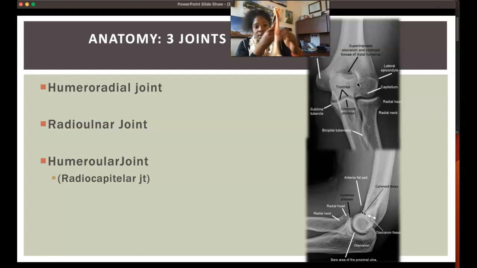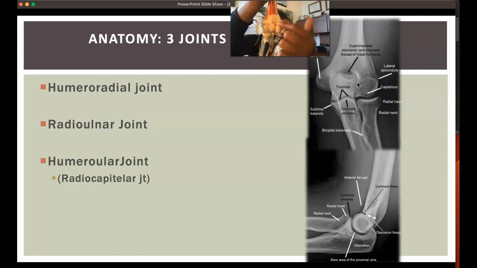So on the radial side of the elbow, that fossa is known as a radial notch or radial fossa. And then on the ulnar side, we know this as the coronoid fossa or coronoid notch, right? If those were not on the humerus, we got that radial notch right here, that coronoid fossa right here, then we wouldn't have as much elbow flexion because those bones would have nowhere to actually go.